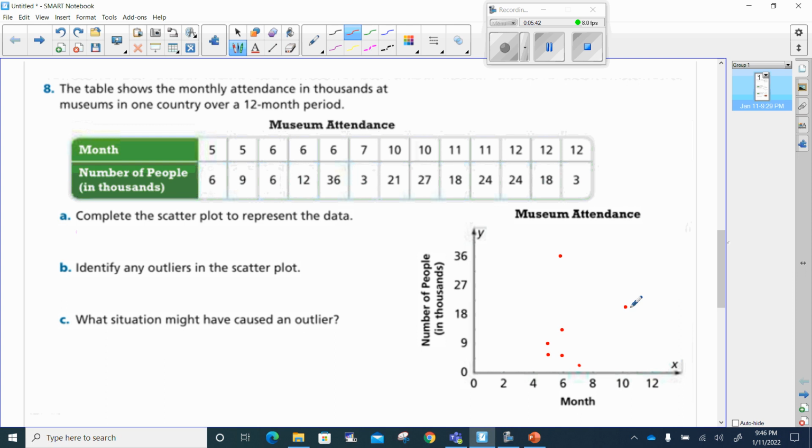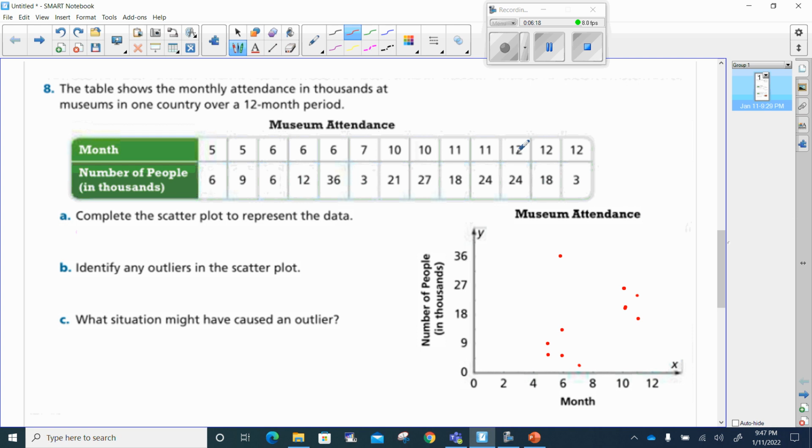Then I got 10 and 27, so 10 and 27 is going to be right here, parallel with 27. And next I have 11 and 18, so 11 would be here, 18 would be about right here. And I got 11 and 24. Well, we know that this one was 27, so 24 is going to be about right here.